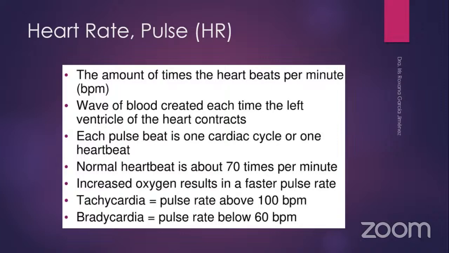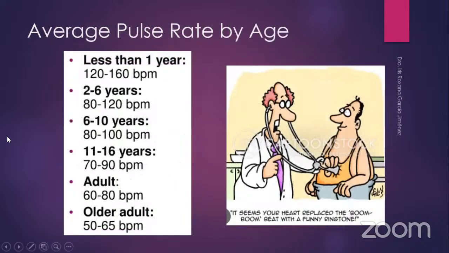As a mean, the normal heartbeat is about 70 times per minute. With increased oxygen demand, it could be a faster pulse rate, tachycardia, about 100, or bradycardia, below 60. Okay, so just as information, a general view. According to the age, we have different values.